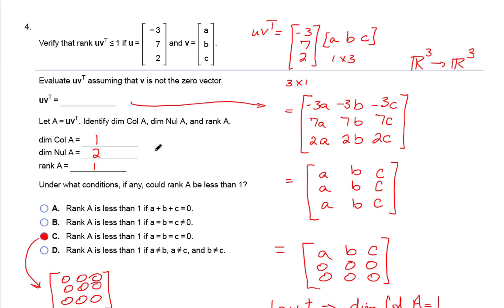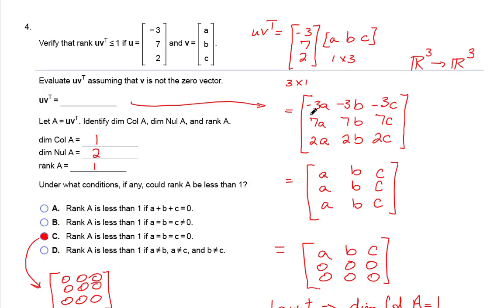Let's see, question 4. We want to look at U times V transpose. Well, what is that? Here's U, here's V transpose. I have a 3 by 1 multiplying a 1 by 3, so the answer is 3 by 3. And so we're going from R3 into R3.